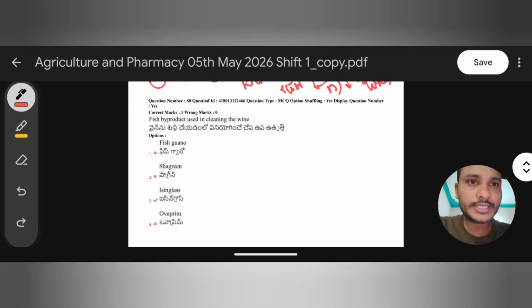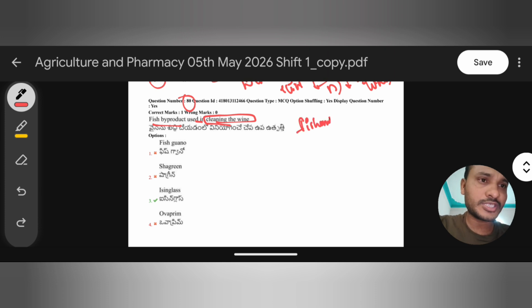Next, the last question from zoology, the 80th question: which fish byproduct is used in cleaning wine? We will discuss which fish byproduct we use for cleaning wine or beer. These questions are from fisheries, one of the important topics in strategies for enhancement of food production.